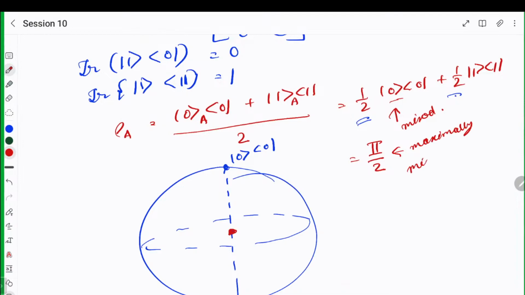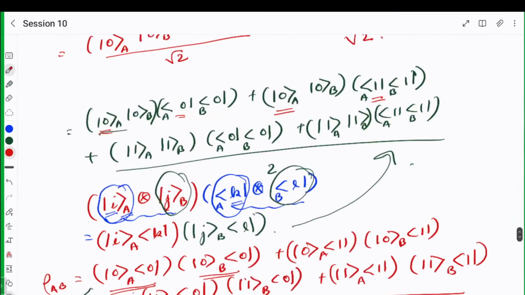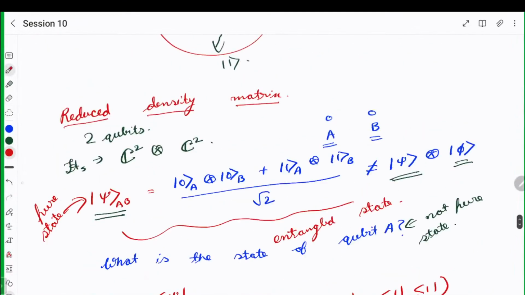And since the subsystem of this entangled state is a maximally mixed state, we see that the pure state is maximally entangled. So this psi AB is maximally entangled.